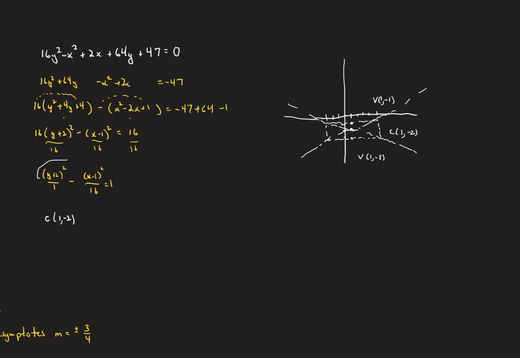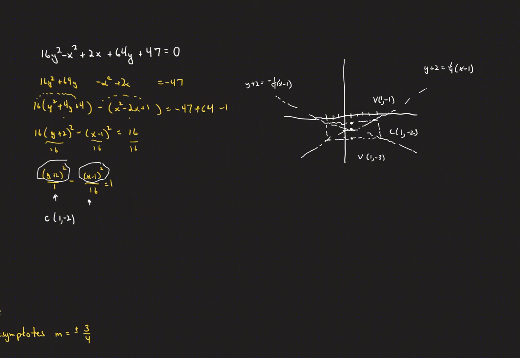So it's going to be y plus 2 equals the slope, which we went up 1 and over 4, so that'll be 1/4 times (x minus 1). So there's our point slope form. And the other one will be just the same, except it'll be a negative slope, so negative 1/4.